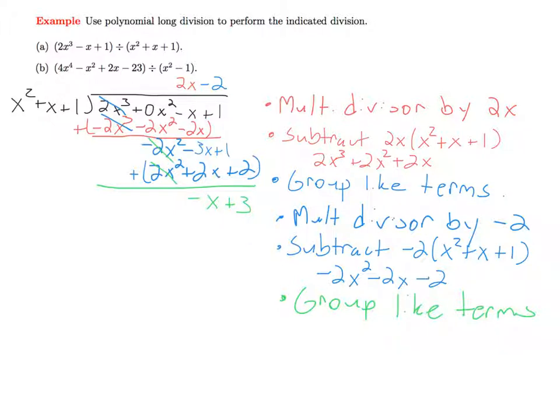And so what we see is that x squared plus x plus 1 doesn't cleanly divide into the polynomial 2x cubed minus x plus 1. We have a remainder of minus x plus 3.